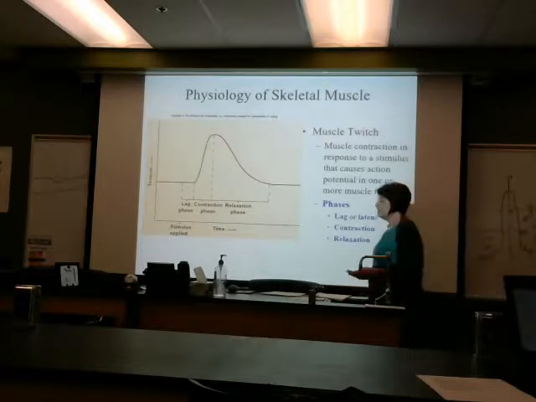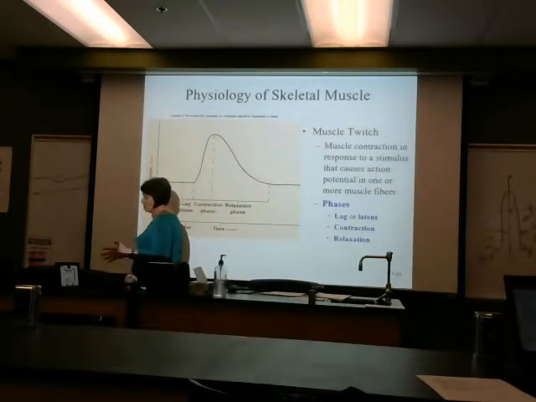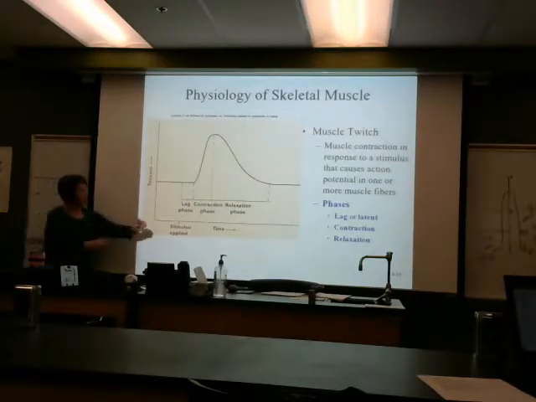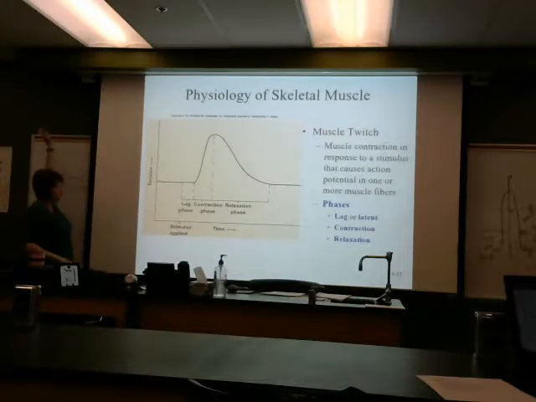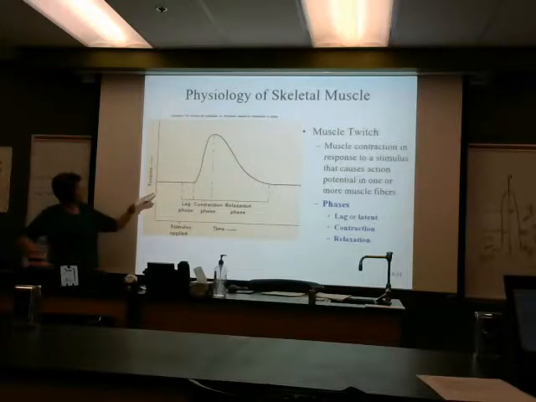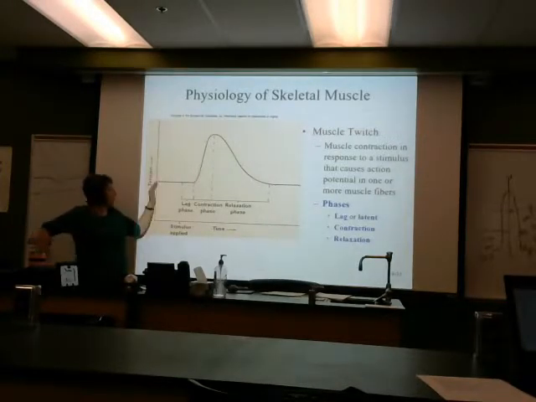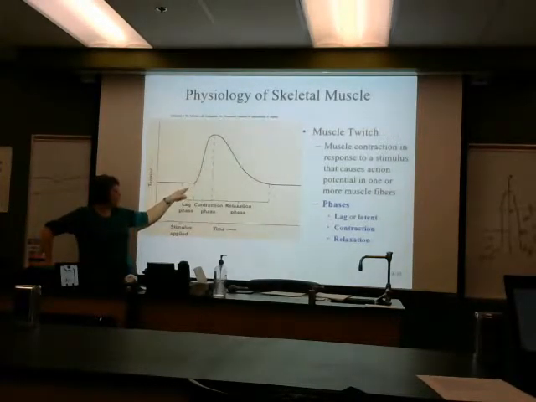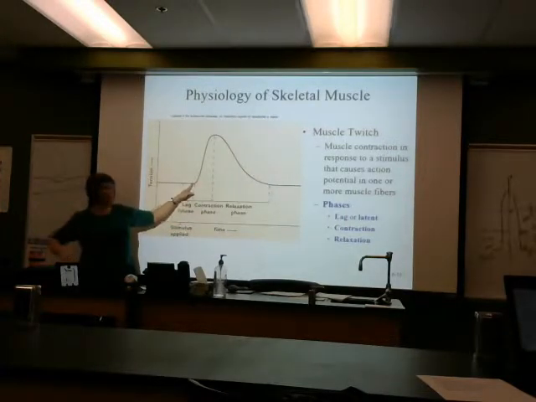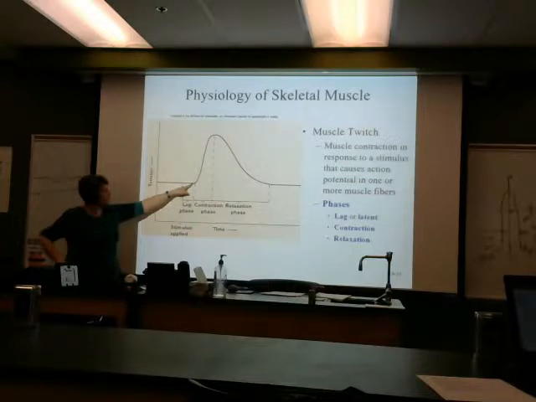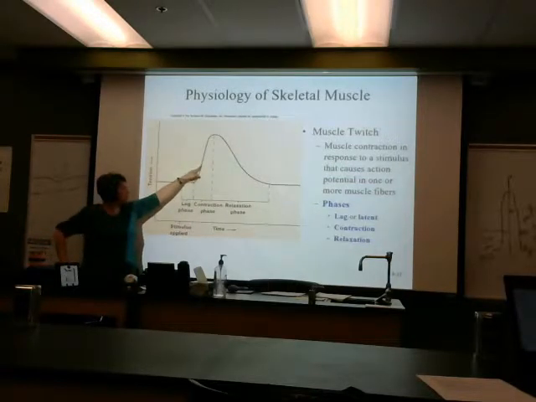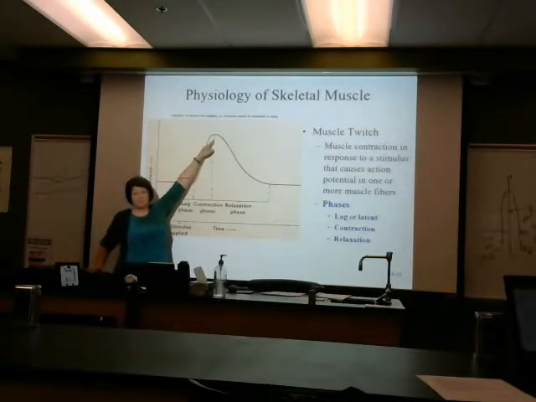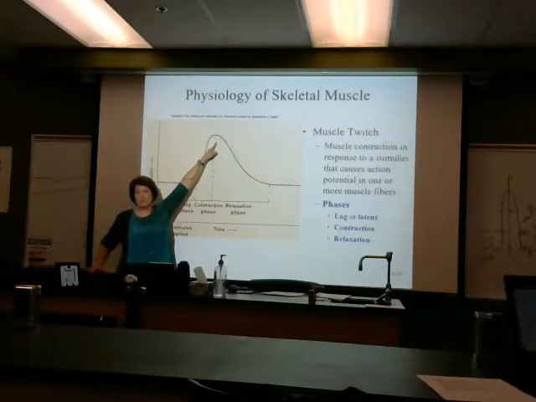So when the impulse occurs, what we find is we begin to get that impulse from the nerve. We're going to see that our nerve is at rest. Once we begin to have the depolarization take place, if we reach threshold, it's going to contract no matter what.